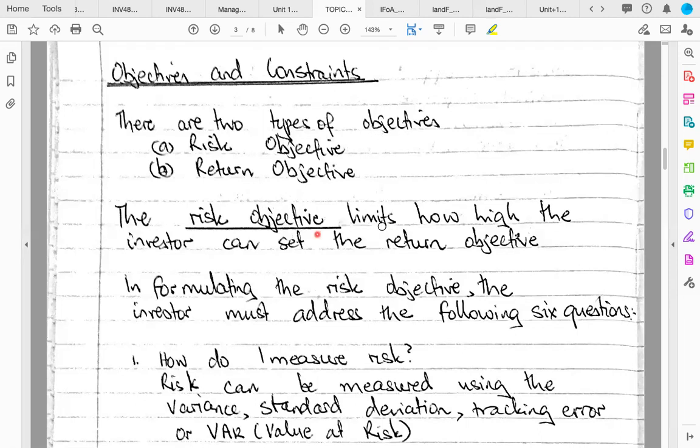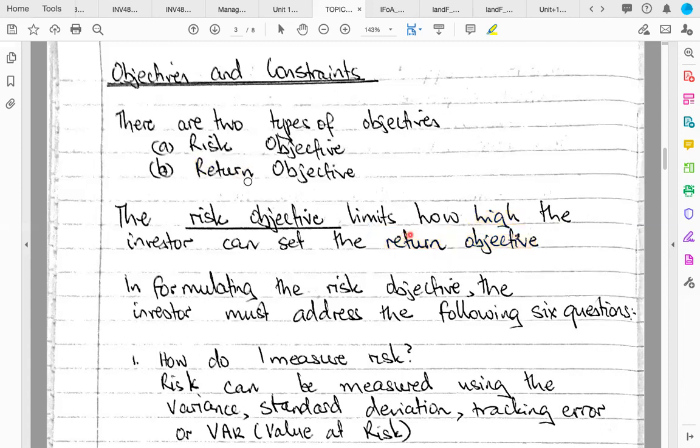So the risk objective limits how high the investor can set the return objective. If an investor is able and willing to take on a lot of risk, it means that the investor is able to set a higher return objective. Okay. However, if the investor is not willing or able to take on a lot of risk, it means that we'll have to invest in asset classes with low risk, and the lower the risk, the lower the expected return.